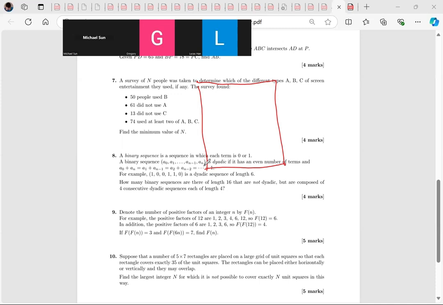So either we add 5 or we add 7, correct? Plus 5 or plus 7. However, we know 40 and 42 are not 44, so we need to add another thing. But because it's still a rectangle, we have to add at least 5, so it has to sum to at least 45, which is a contradiction. So therefore it has to not be a rectangle.